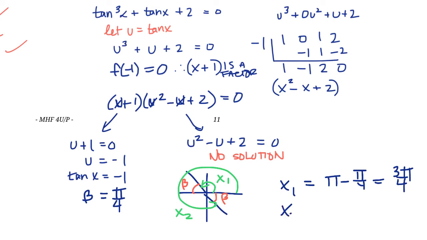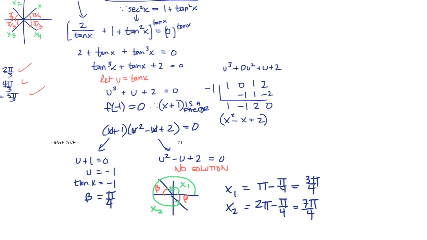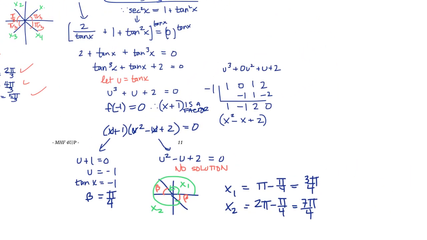And x2, it's 2 pi minus beta, which is like 7/4 of pi, right? And those are our solutions, right? Those are the two things that make this equation true. Remember, we did factor it, but we found that the second factor is not going to have any solutions. So these are the only two possible solutions for this equation.